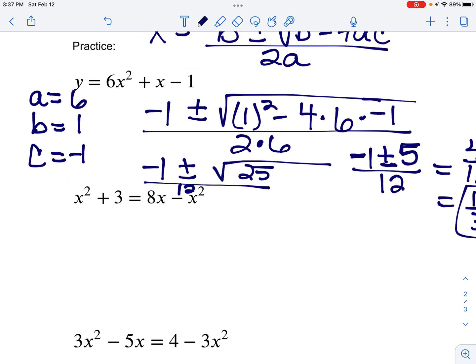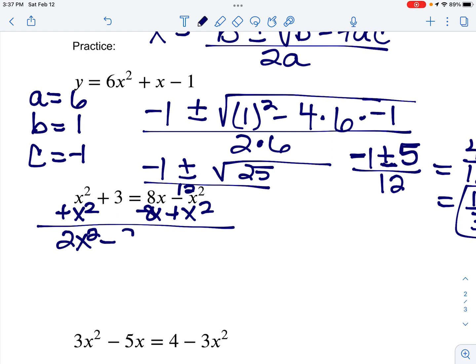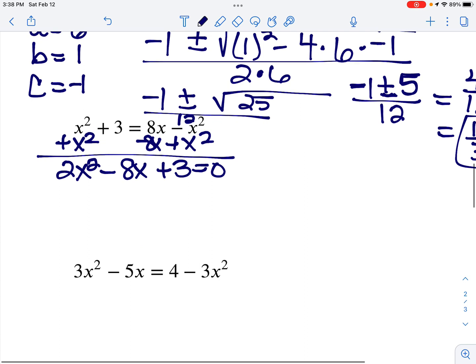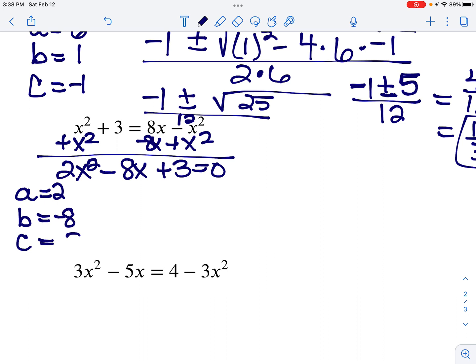Okay, the next example, we need to make sure it's in standard form, so I'm going to have to add this x squared over here. So that makes 2x squared. And then I'm going to subtract the 8x, so it'll be minus 8x plus 3 equals 0. So identifying a, b, and c, a is 2, b is negative 8, and c is positive 3.